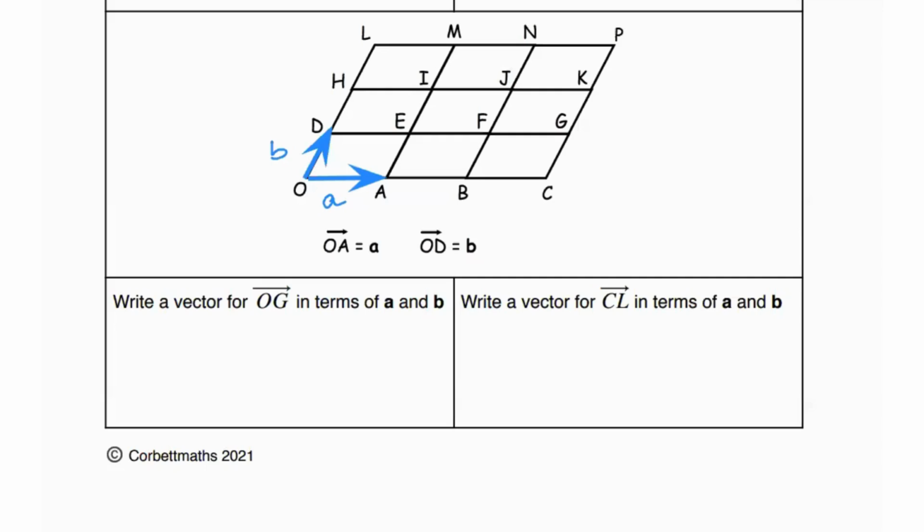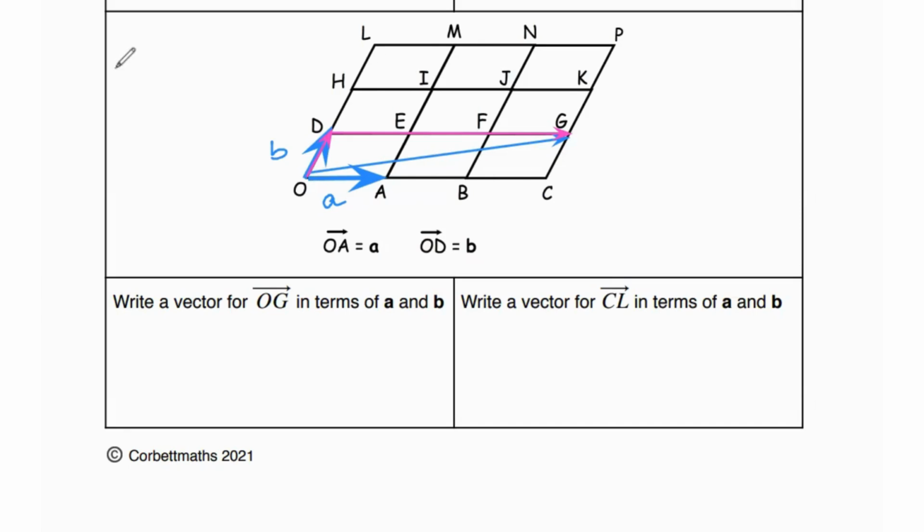So OG is basically OD plus DE plus EF plus FG. That is one way, or you could do OA plus AB plus BC plus CG.